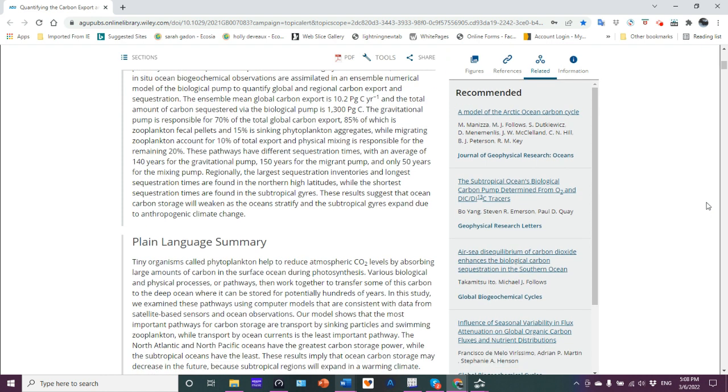These pathways have different sequestration times, with an average of 140 years for the gravitational pump, 150 years for the migrant pump, and only 50 years for the mixing pump. That's important, by the way, that 50 years, basically one-third the time.